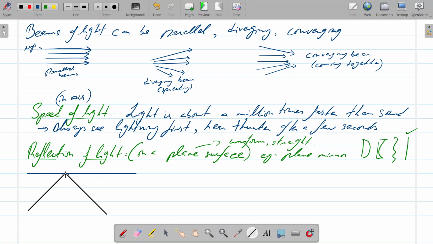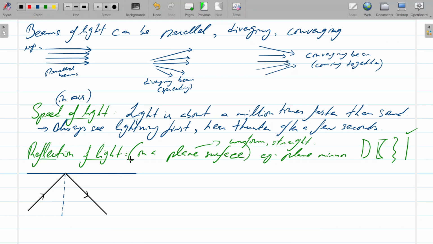We're going to draw a dotted line over here, and show this with arrows. Now we're going to label it.